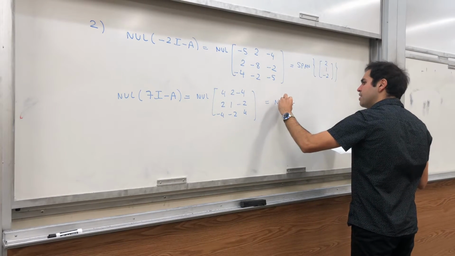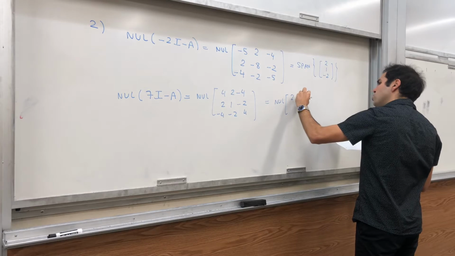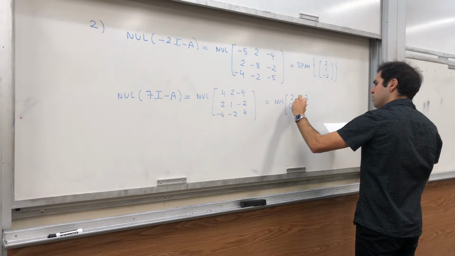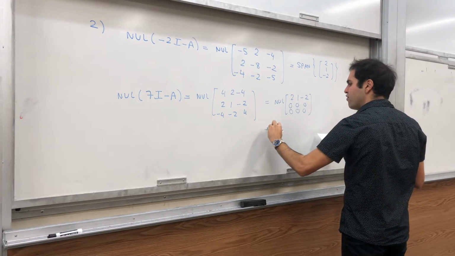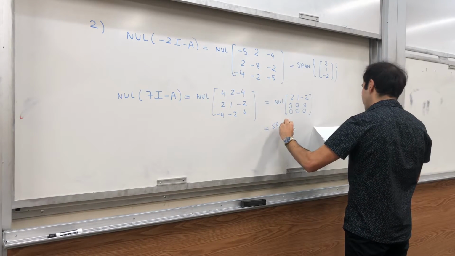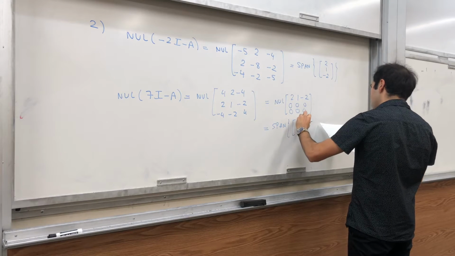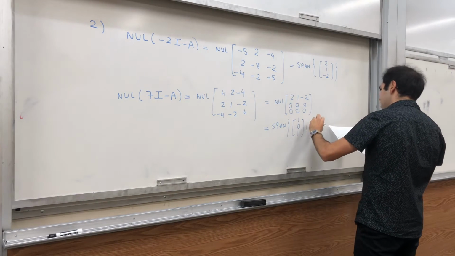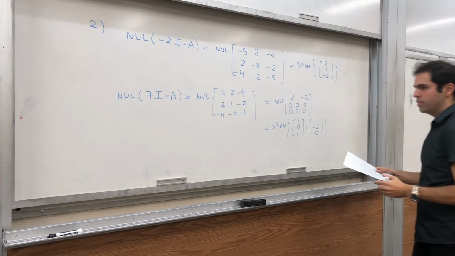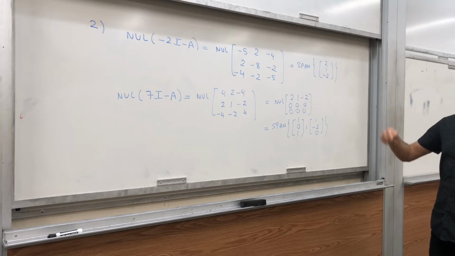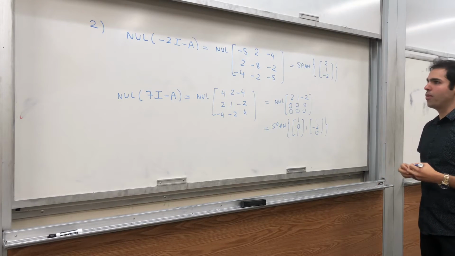So really, it's just the null space of 2, 1, 2, with rows of zeros below. And if you find the null space, you should get the span of (1, 0, 1) and (1, minus 2, 0). So that's the usual diagonalization process.